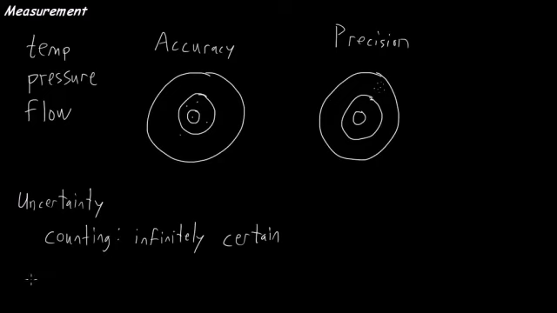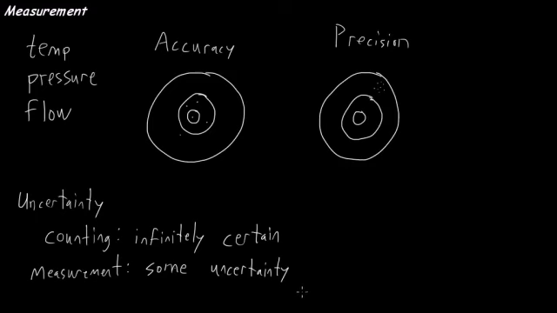But for measurement, we have some degree of uncertainty. We can never measure anything exactly. There's always some range or some uncertainty in the measurement.